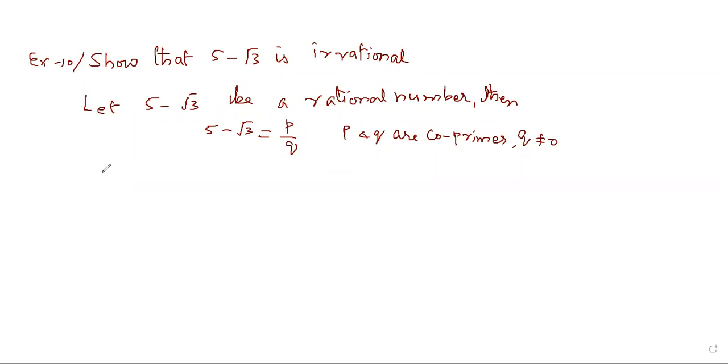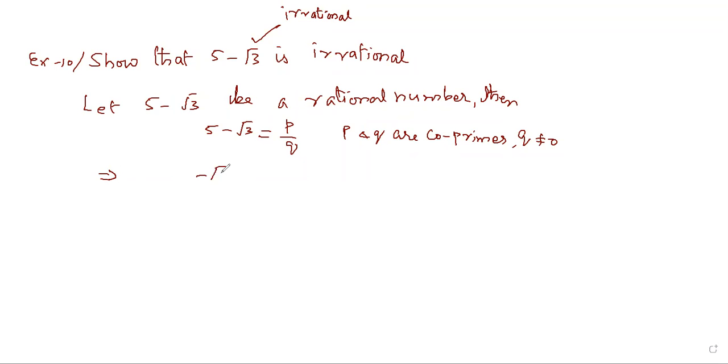Now what we will do is try to solve in this way. Why are we not going by the previous way? Here root 2 we consider as an irrational number, but we have to prove 5 minus root 3 is irrational. Root 3 is already known to be irrational, and that property we can use here. So we keep root 3 on one side and bring the other numbers to the other side.